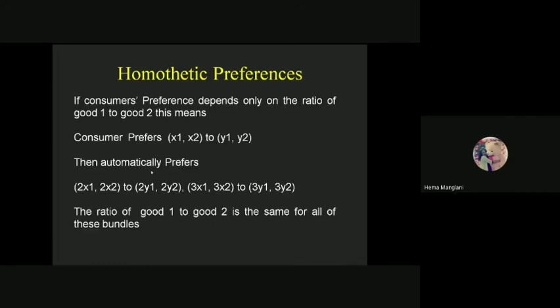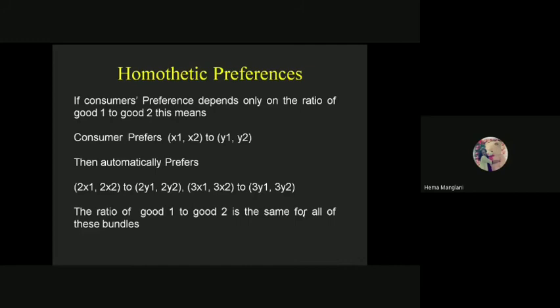So his preferences we can rewrite like this. If x is double, then y would also be double. If it is triple, then y would also be triple.